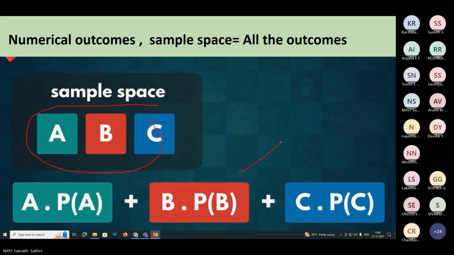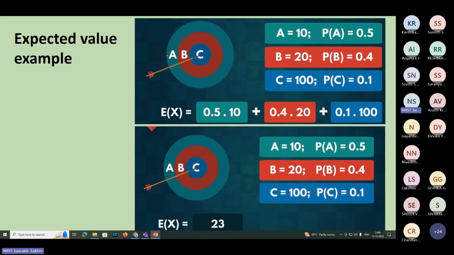In this case, my sample space will be equal to all the outcomes. This I'll explain with an example, then you will understand. Suppose there are three rings in a particular target ABC. If I'm hitting the target at A, I will get 10 marks.